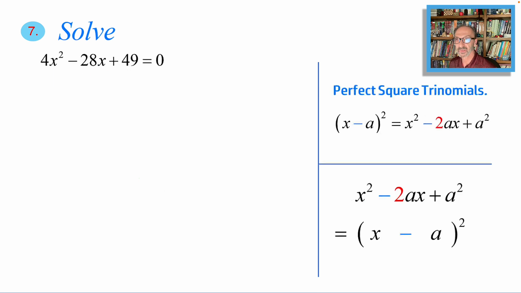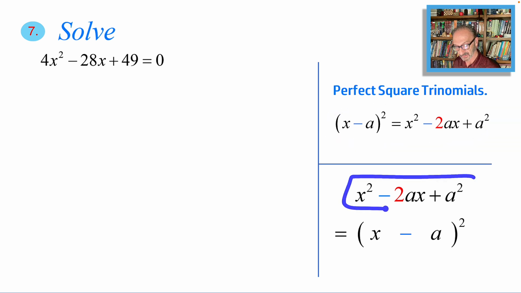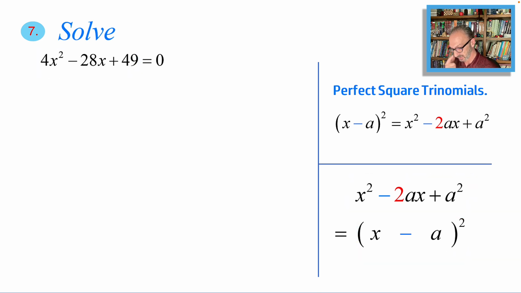Next, number 7. Number 7 has 3 terms, and it follows the perfect square trinomial that is listed right here, but I like to see it as 3 terms to go down to the perfect square. So those are the 3 terms. We're going to go down to the perfect square.